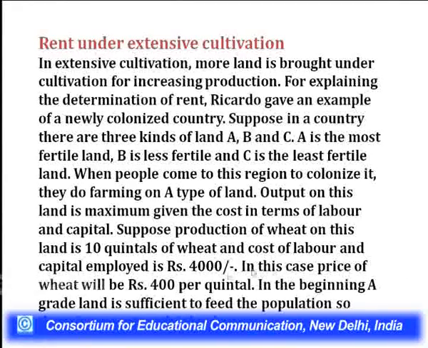In this case, the price of wheat will be rupees 400 per quintal, because when we divide 4,000 by 10 quintals of wheat, we get the price as rupees 400. In the beginning, A grade land is sufficient to feed the population, so there is no rent on this land.